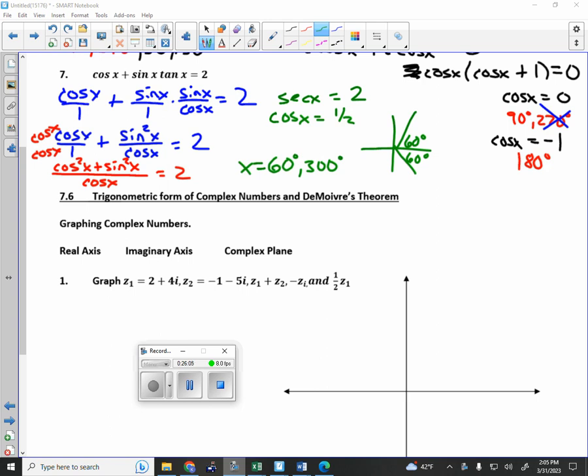What do we change that to? That's what he just showed us, because we're left with one over cosine.